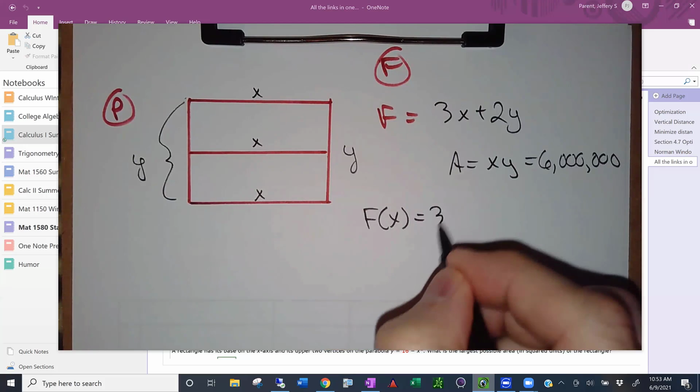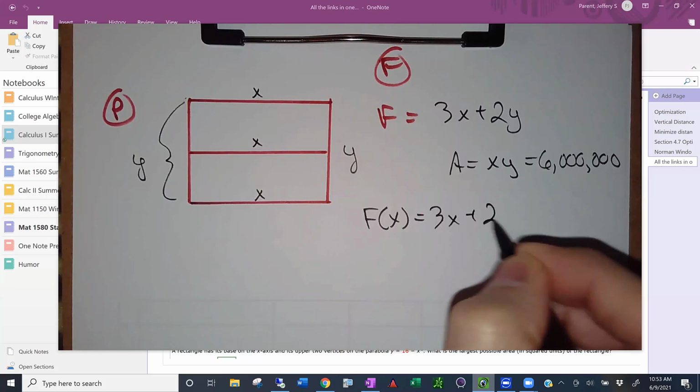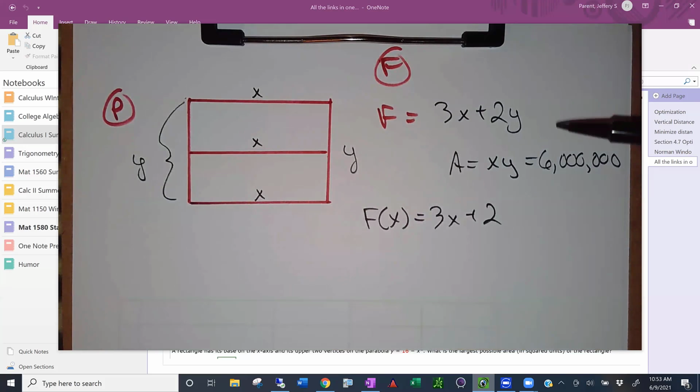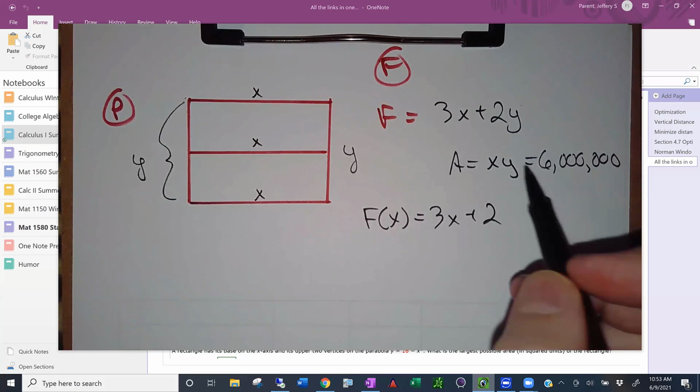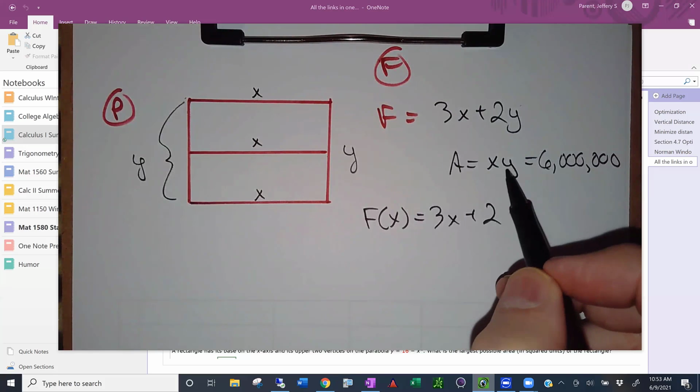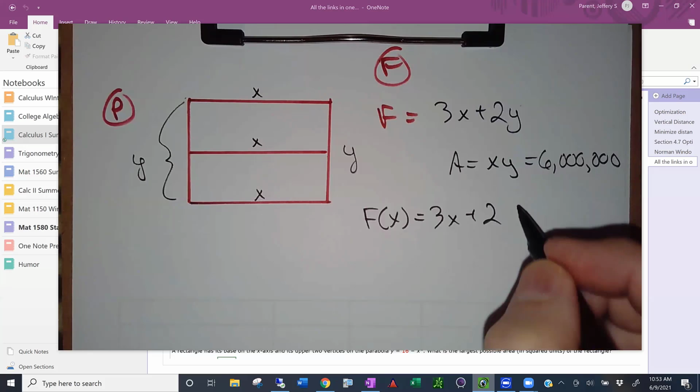So it'd be 3X plus 2 times. Can anyone think of an expression to use for Y here? What could I replace Y with? 6 million divided by X. Excellent. If you just solve for y right here, it's going to be 6 million divided by x.